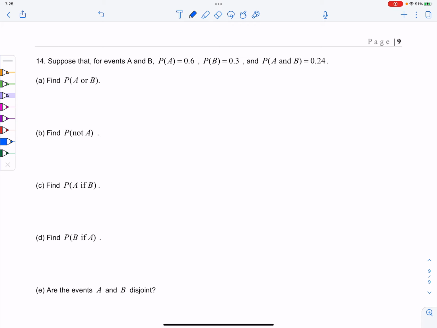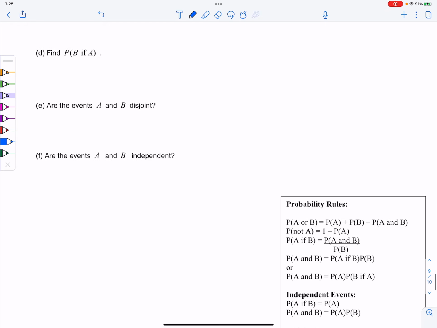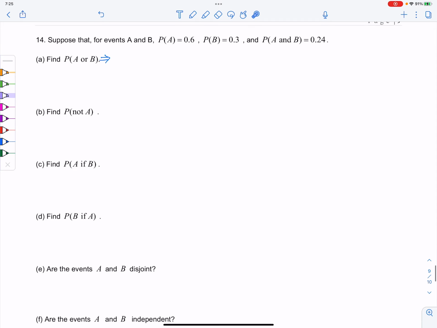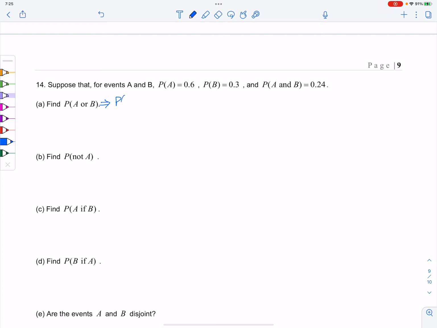Find the probability of A or B. Well, the formula for the probability of A or B is the probability of A plus the probability of B minus the probability of their overlap, A and B. So this will be 0.6 plus 0.3 minus 0.24, and that is going to be 0.66.